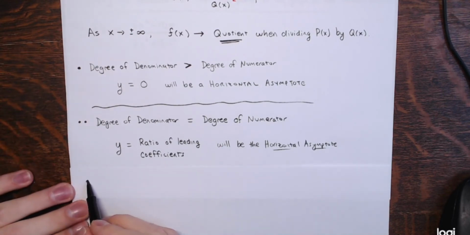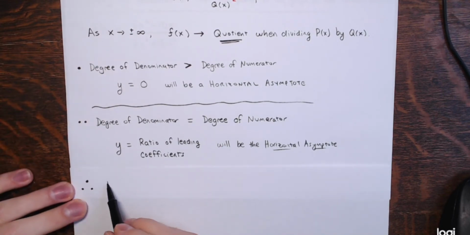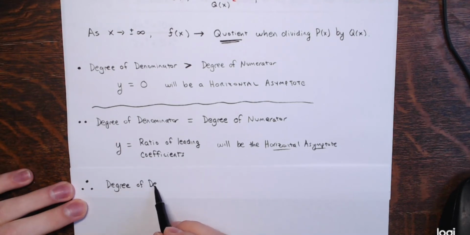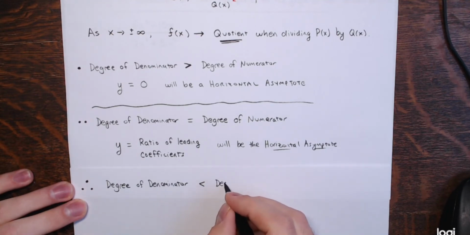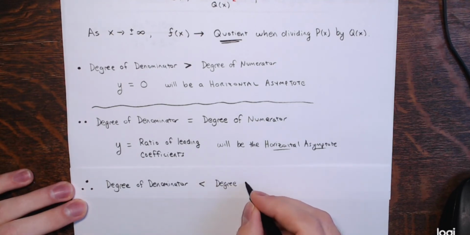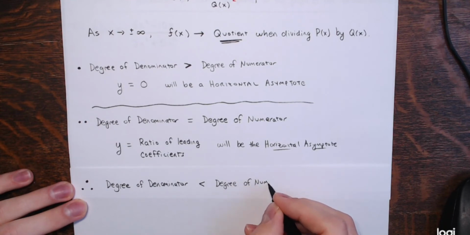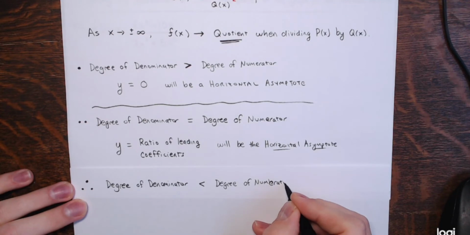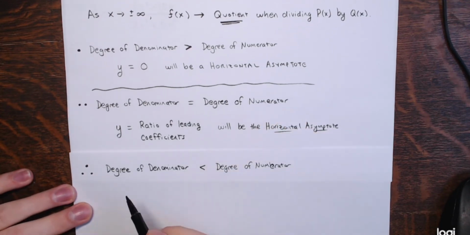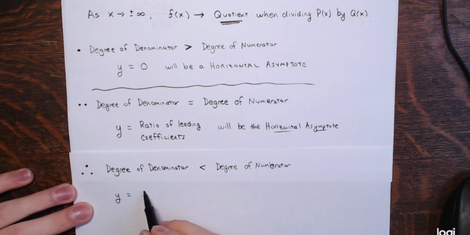So the third case: if the degree of the denominator is less than the degree of the numerator, then y equals the quotient, whatever that is, will dictate end behavior.